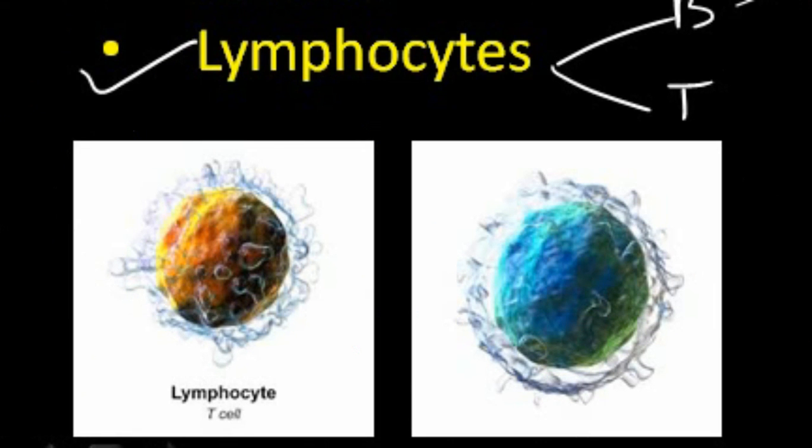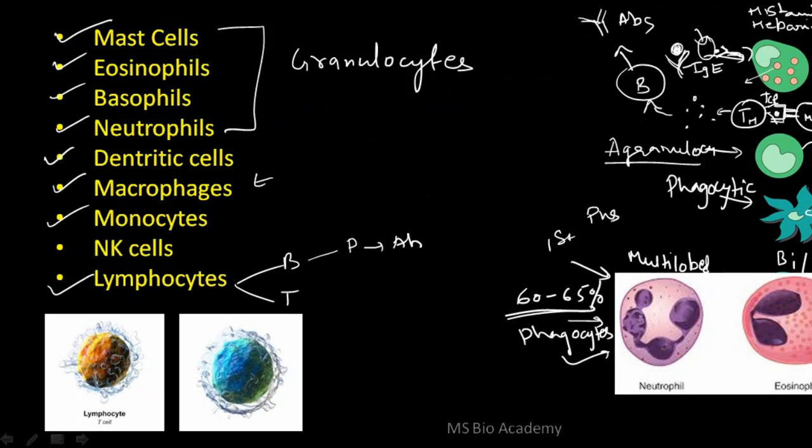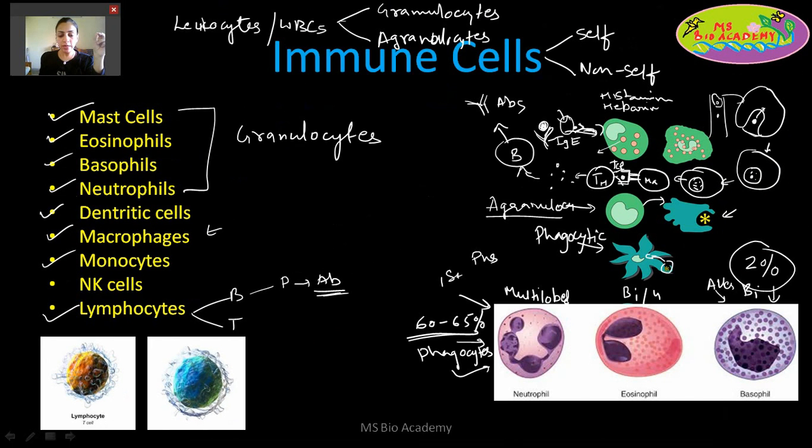B cells are basically the main important ones. When they are activated, they form the plasma cells which then secrete the antibodies, right? And T cells are again of two types, T helper cells and T cytotoxic cells. T helper cells help other immune cells to get activated by secretion of cytokines, which activate other immune cells like B cells and cytotoxic cells, right?